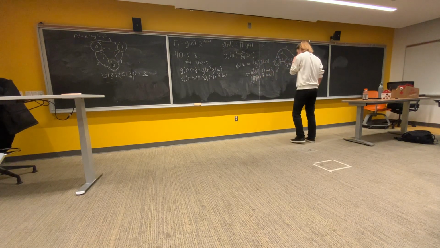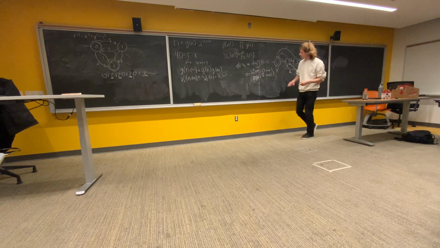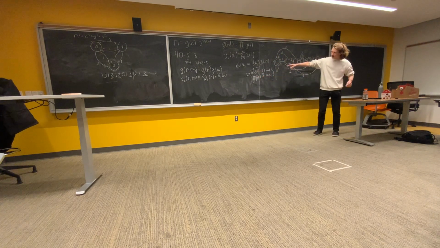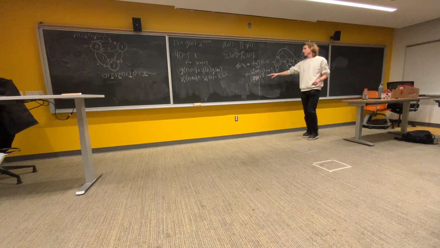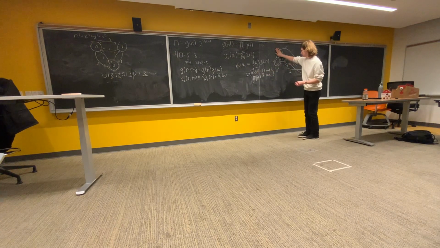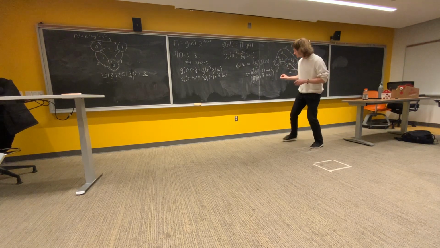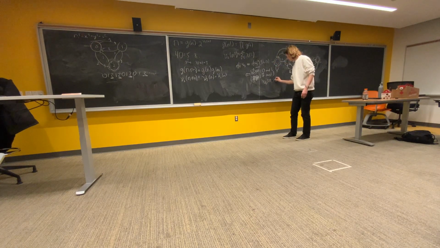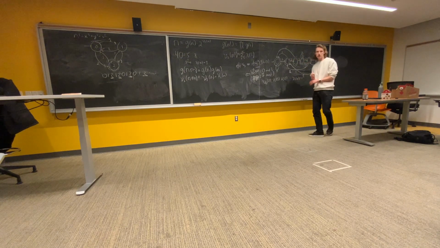I'm going to assert that I can find automata. The sequence nu 2 of 0, nu 2 of 1, nu 2 of 2, nu 2 of n is automatic.